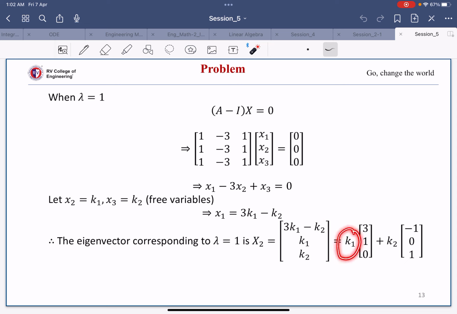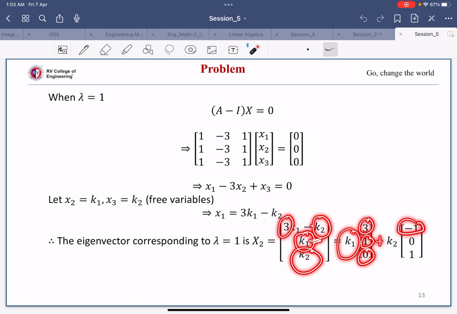So k1 times, the coefficient of k1 here is 3, so that's what is written here. The coefficient of k1 here is 1, that's what is written here. There is no k1 in the third row, so it should be 0, plus k2, where the coefficient of k2 here is minus 1, so it's minus 1.